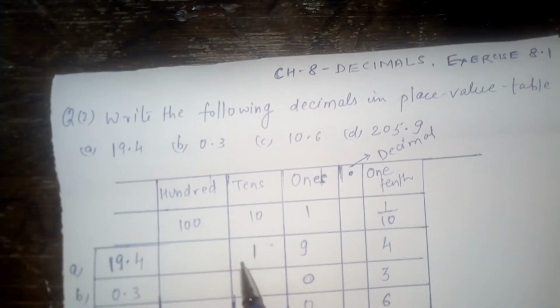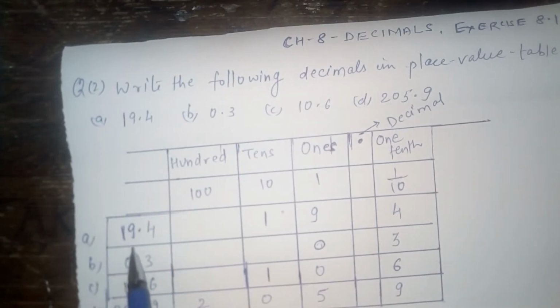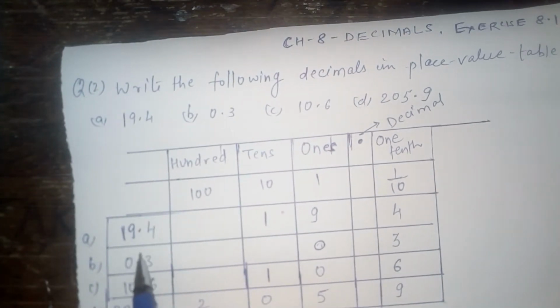Okay, your first question is 19.4. 19.4 we can write in the place value table. How? Look here. In 19.4, before the decimal point we will count ones, tens, and after the decimal point we will count 1/10. So first we count before the decimal point: ones, tens.